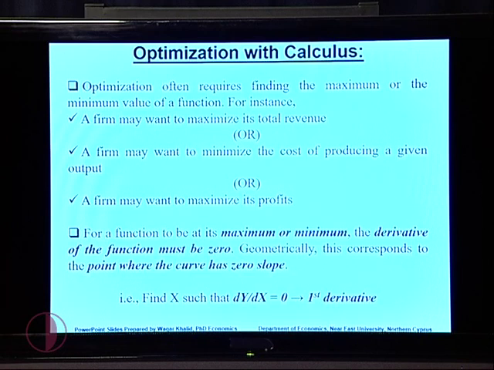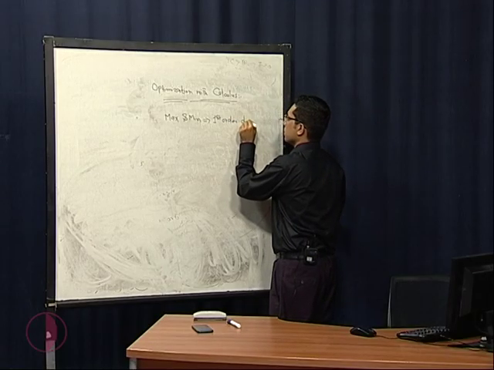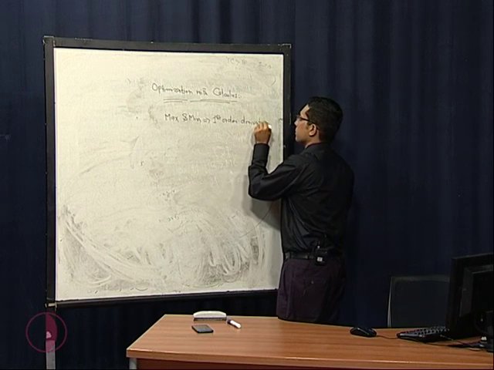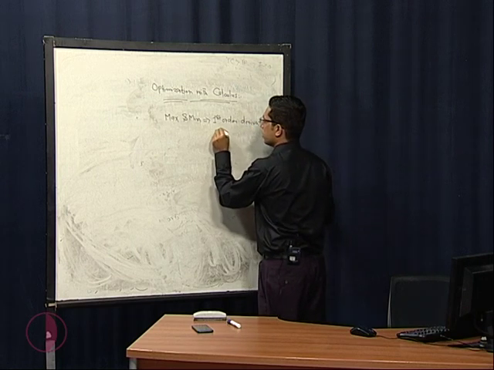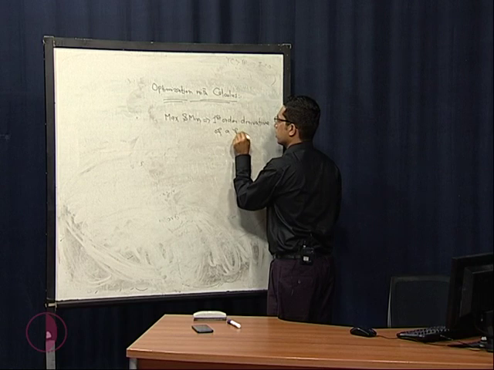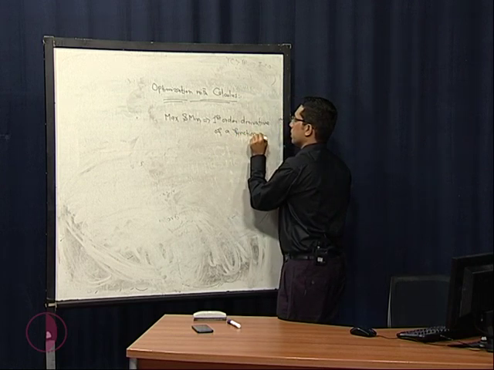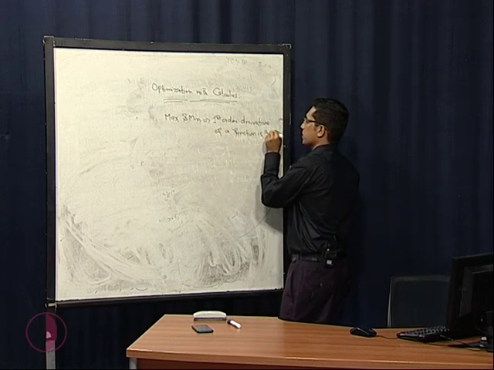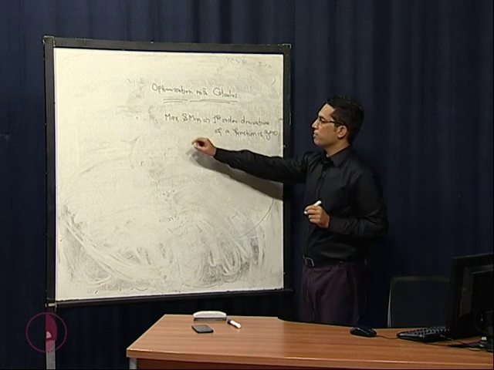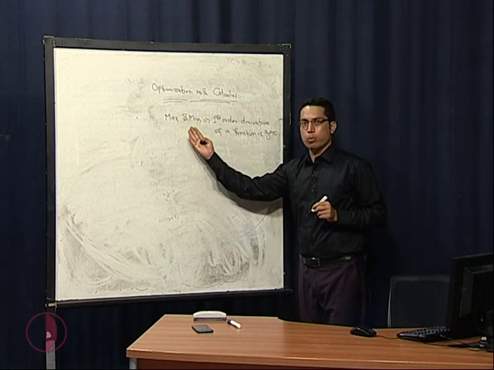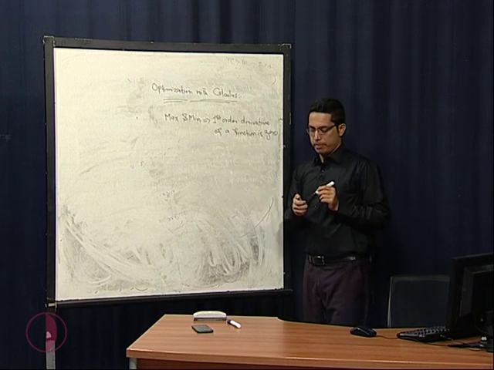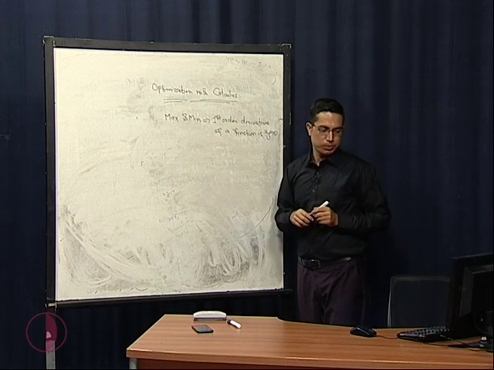For maximum and minimum, the first order derivative of a function is 0. For knowing the maximum and minimum point, the first order derivative of a specific function is 0.